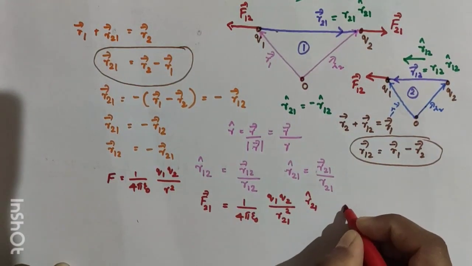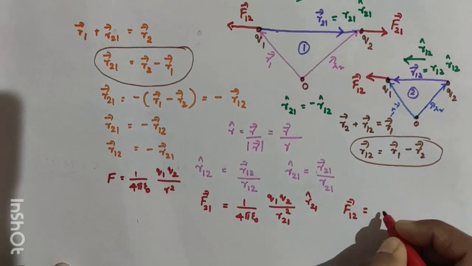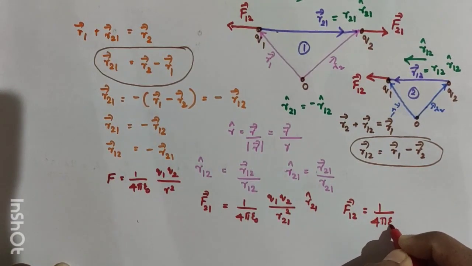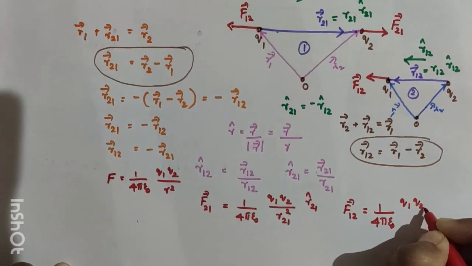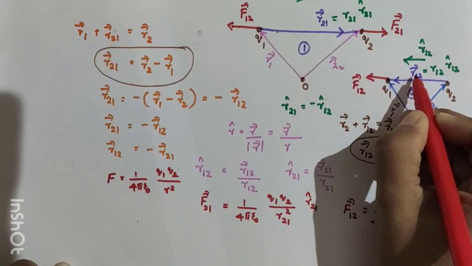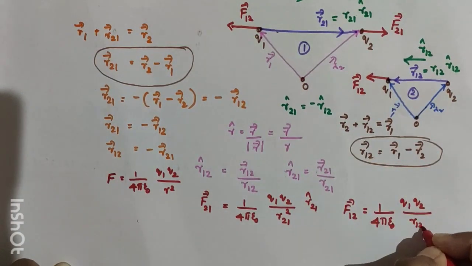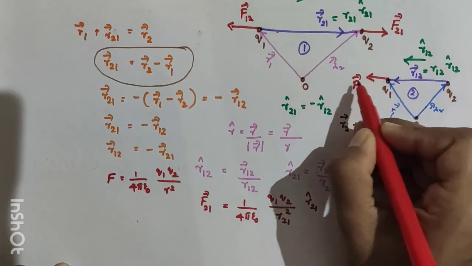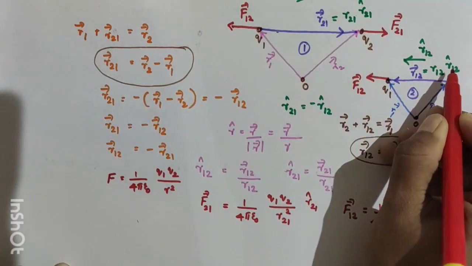So we can write vector F12 as what? This also has a magnitude 1 by 4 pi epsilon 0 q1 q2 divided by the distance to q1 from q2, which is r12, so r12 square, and the unit vector along the direction of vector F12 is r12 cap.